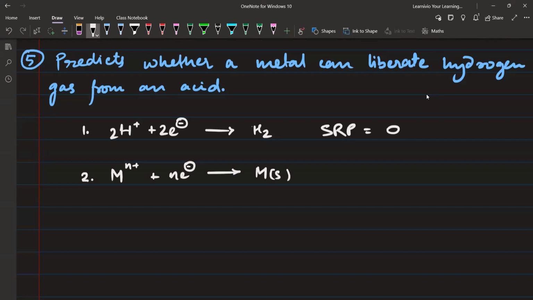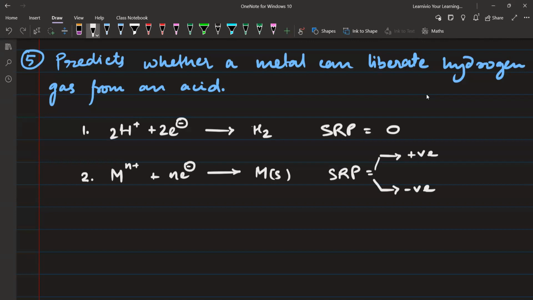Now, the SRP of this reaction will either be positive or it will be negative. If the SRP of this reaction is positive, then between these two reactions, SRP to zero, जो ज्यादा होता वही होगा.